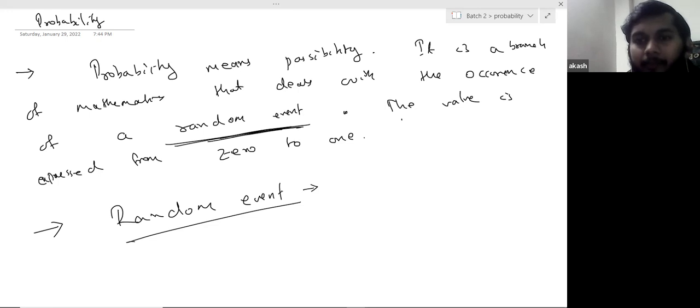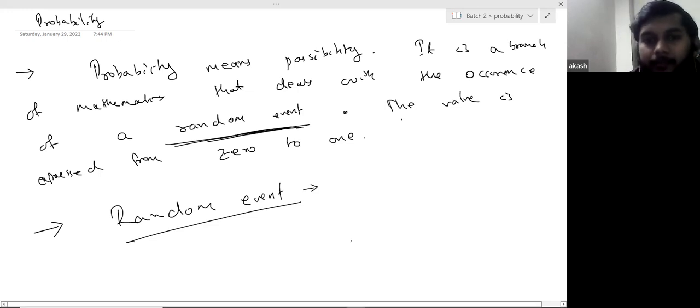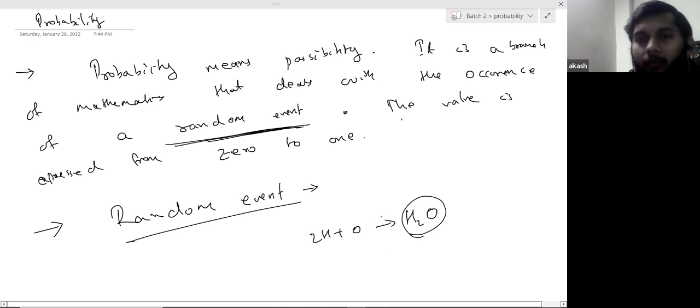Second condition would be you cannot decide what the result is going to be. Suppose you are experimenting in chemistry, adding two hydrogen atoms plus one oxygen atom, and you are creating water. There is only one result, and you already know what you're going to find. So this cannot be a random event.